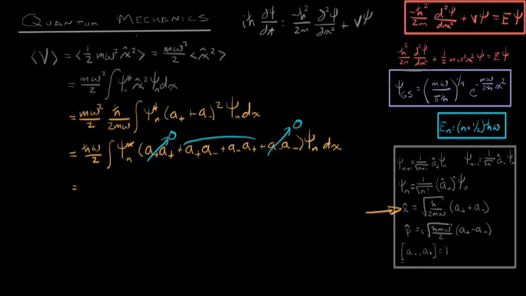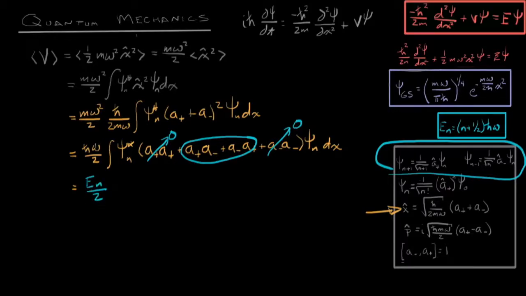The only terms left are going to be right here where we raise and then lower, and here where we lower and raise. We also know that the integral of c n conjugate c n equals 1.